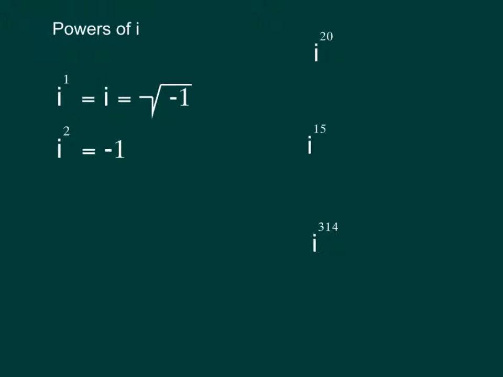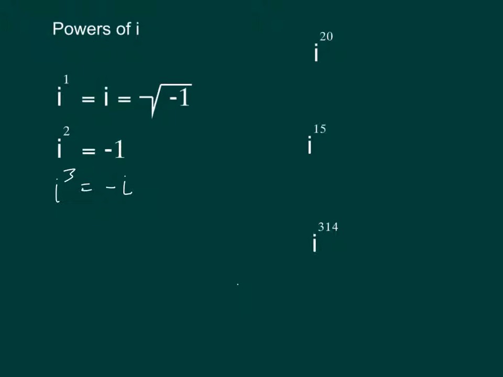What I'm interested in figuring out is what happens if I continue this. If I was to look at, say, i to the third, well, i to the third would just come from multiplying i squared by another i. And i squared is -1, so -1 times i is negative i.